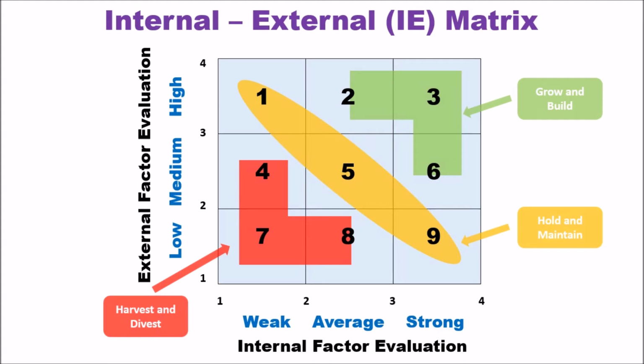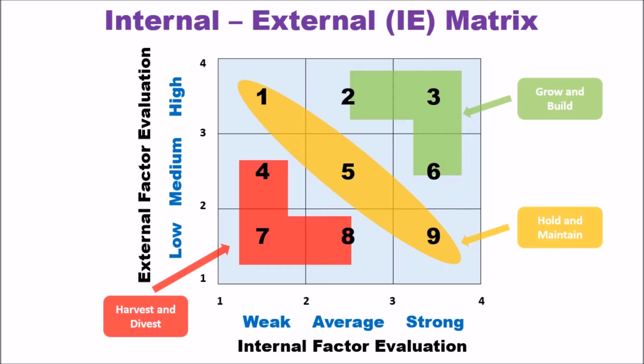You hold and maintain. If you look at it logically, in box number 1, your external factor evaluation is high and your internal is low, but the high numbers you are getting in the external are compensating for a low internal, so they kind of balance out.